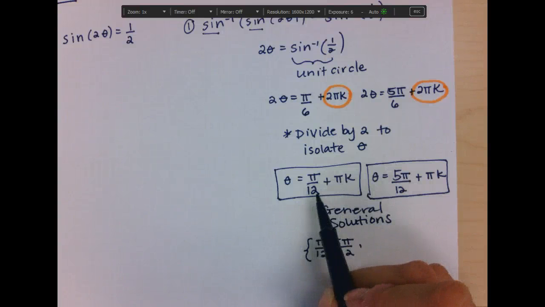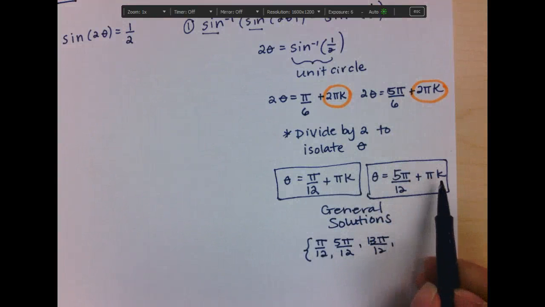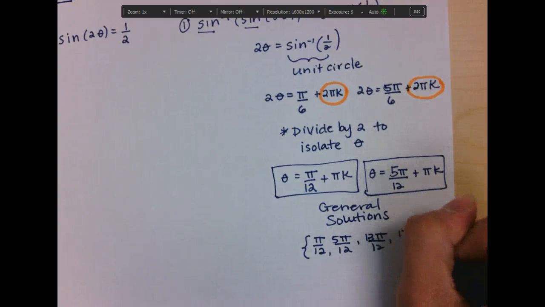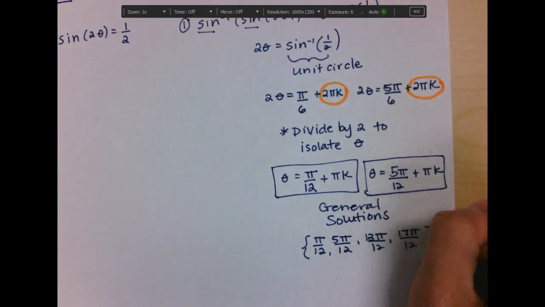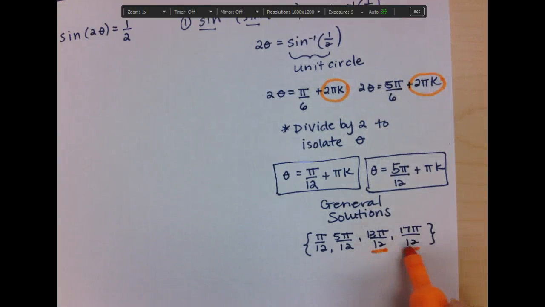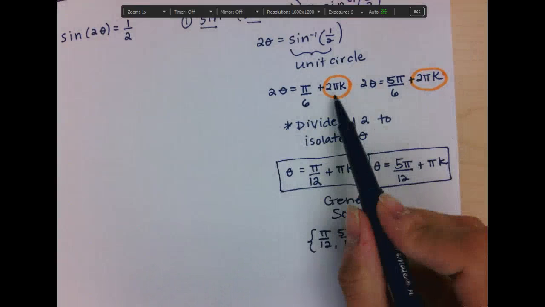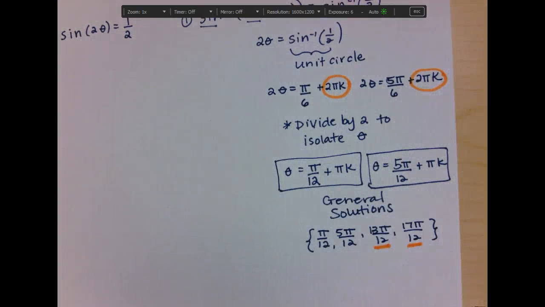If I add pi k to this, I get 13 pi over 12. And if I add pi k to this one, I get 17 pi over 12. So these 2 answers that I had initially written on the board, and I take responsibility for that, were not correct, because we also have to divide the period by 2.